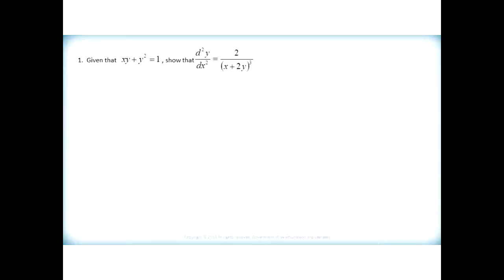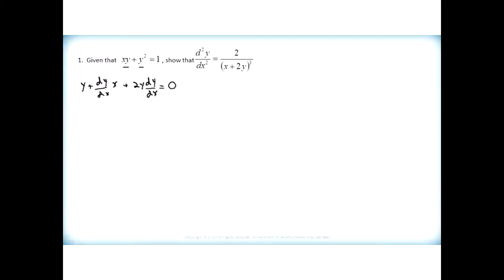So we'll start with finding our first derivative to start off with. So we've got a product rule for these two guys. So that's going to give us 1 times y plus dy over dx times x, plus, for this business, I'm going to have 2y by dy over dx, and the derivative of 1 is 0. Okie doke.